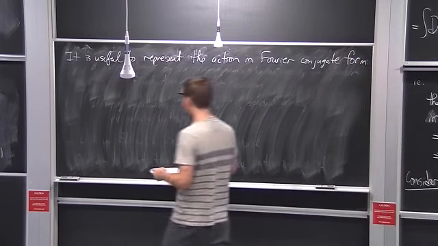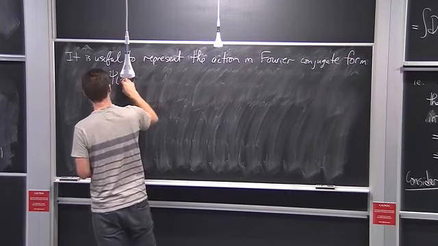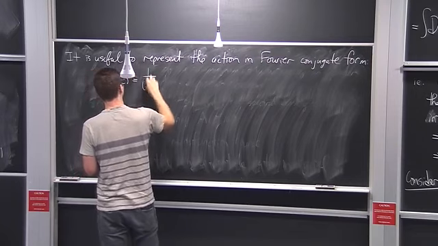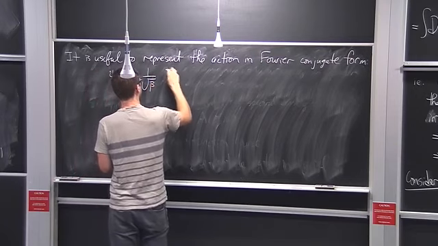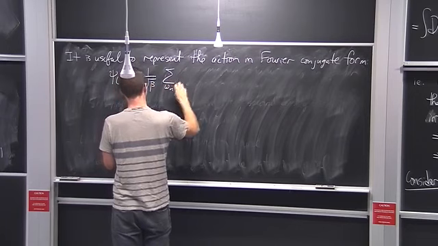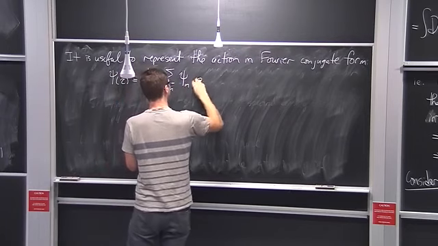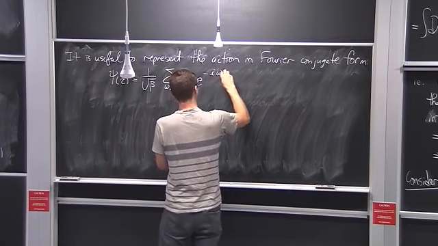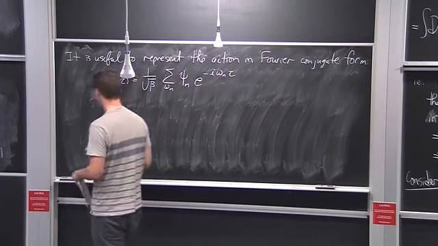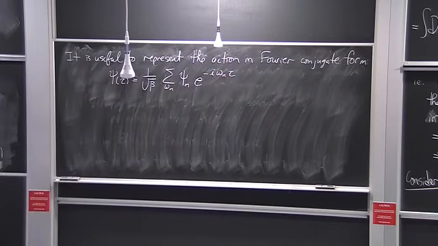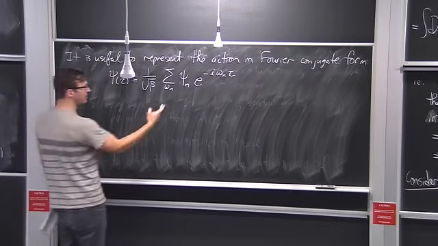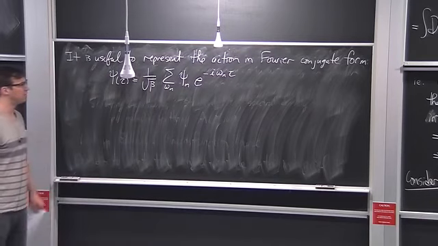So remember the Fourier transform that I wrote last time? The field at tau, up to this normalization, is just a Fourier transform over discrete frequencies.